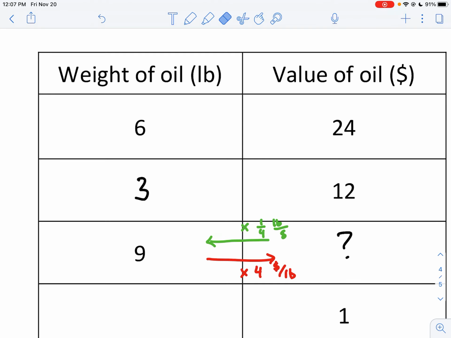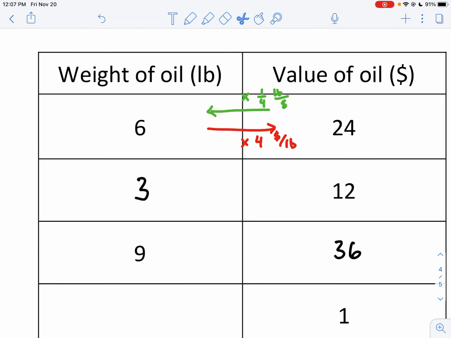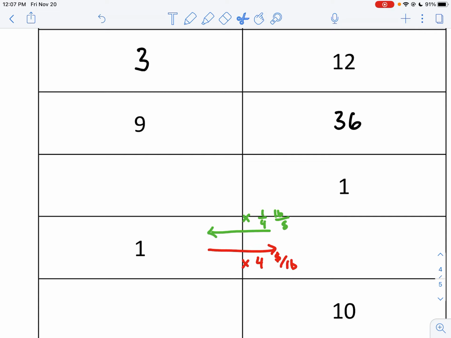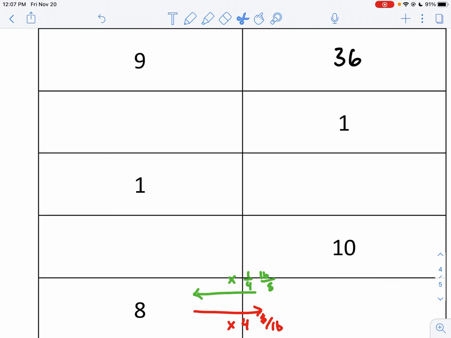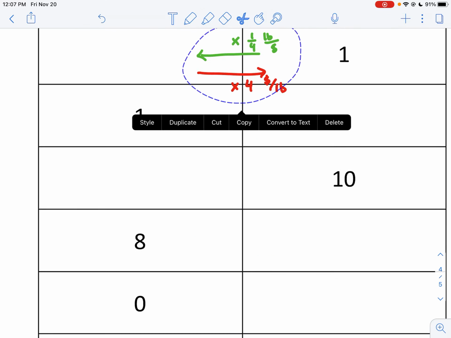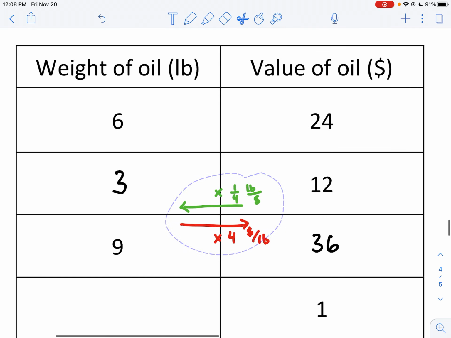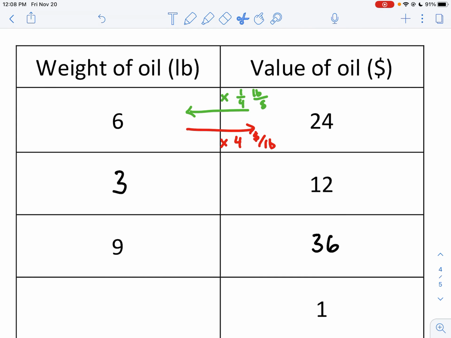That gives me 36, right? 9 pounds times $4 per pound would give me a total of $36 to buy 9 pounds. All right, so these unit rates can be used to convert from left to right for every entry of the table if you want. That's one way to fill in the table.